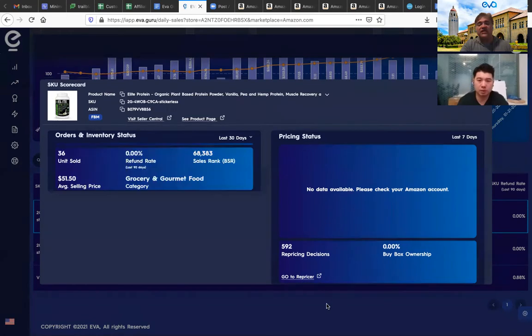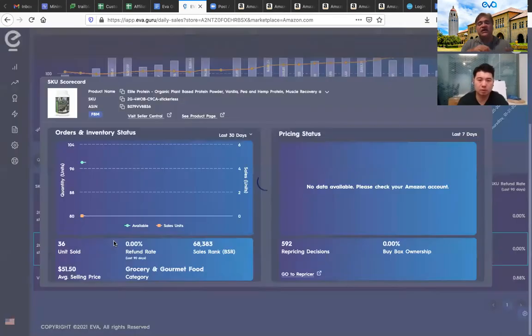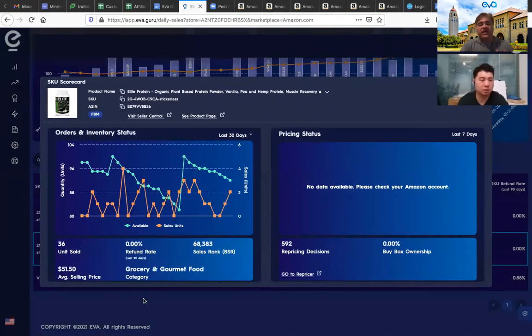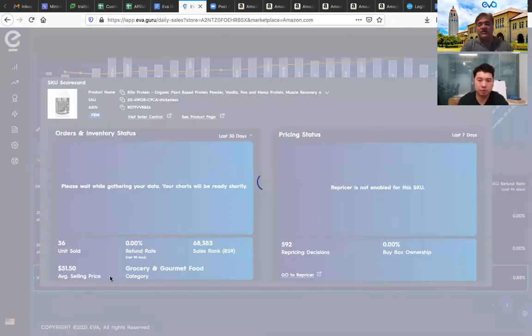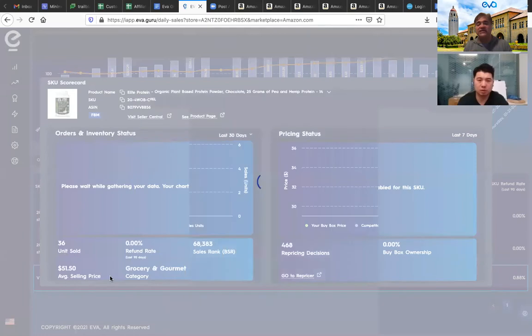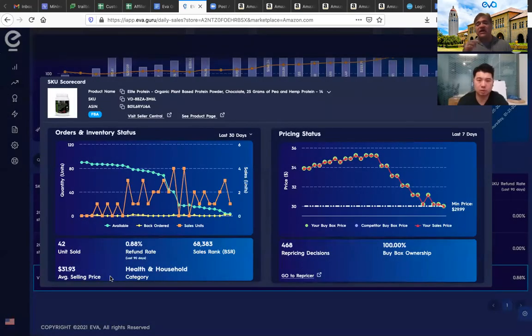And based on that, we start evaluating the pricing, like what should be the Amazon price. So we calculate both the FBA fees, referral fees, storage costs, and everything.